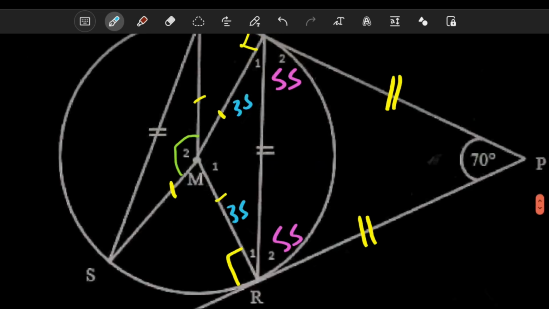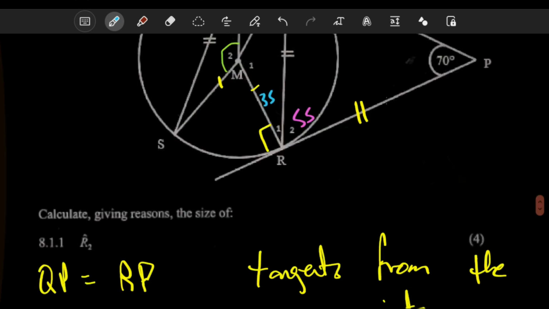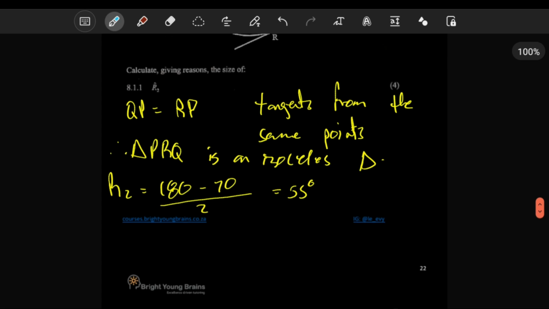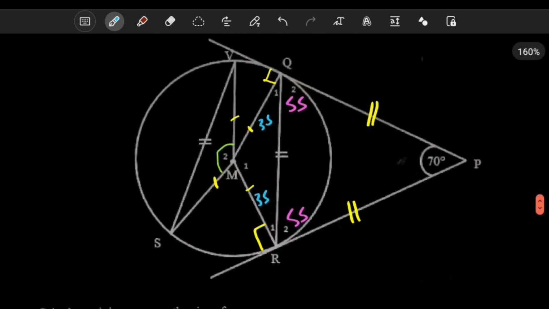Automatically we know that this is equal to 35. And you may be thinking, why don't we get M2? Yeah, we could get M2, it could be useful, we just don't know. So at this point, I'm thinking, okay, fine, M2 is in an awkward spot. How many marks are they offering? 3. That's not so bad. Oh wait, I'm already thinking of things like the exterior angle of a triangle.